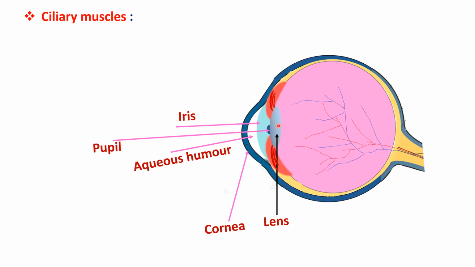That is the only way the lens can form all the images on the retina at the fixed distance of 2.5 centimeters. Here the image distance is always same.